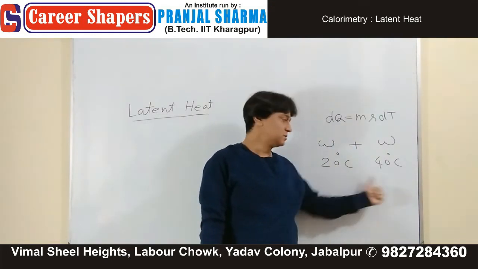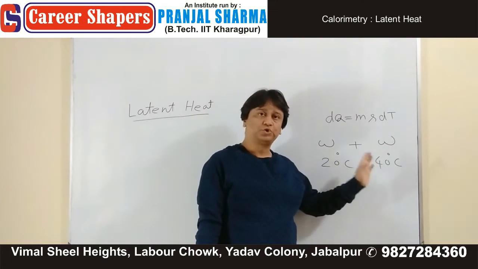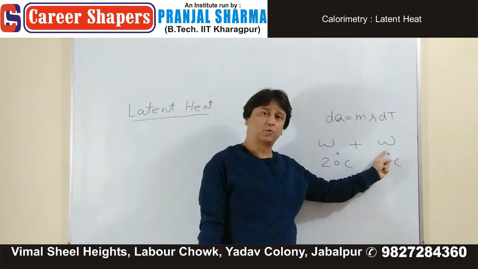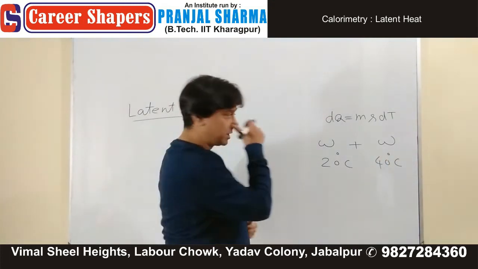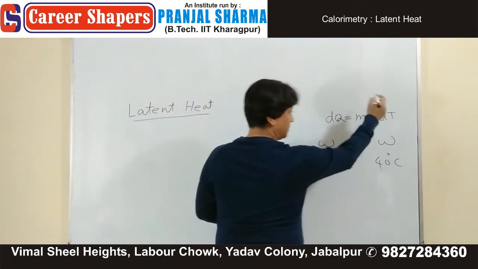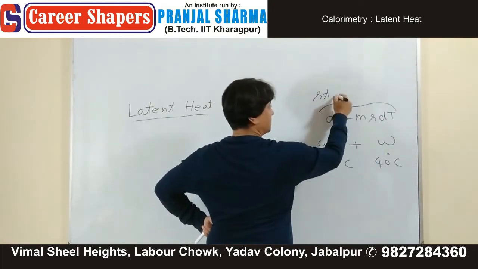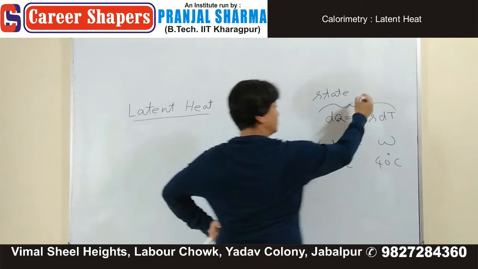What is this? There is no change in the state of matter, it stays liquid. So whenever we are using m s dT, remember, the state of the matter doesn't change.